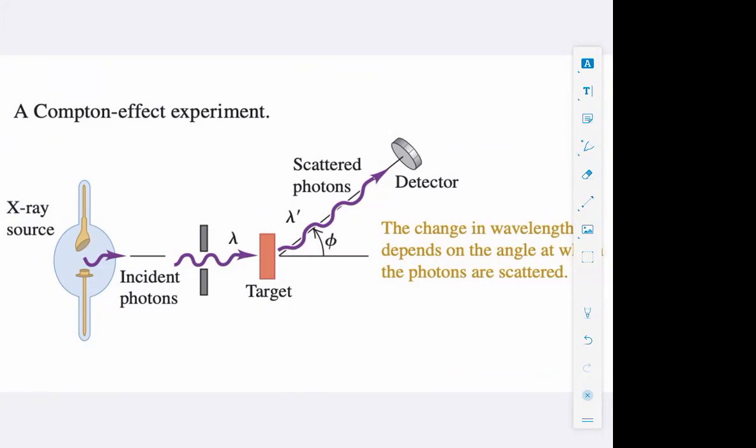The X-rays arrive at the target, and what one can see is this experimental result: the light that comes out of the sample has different frequencies, and the frequency is strongly dependent on the angle at which it comes out.